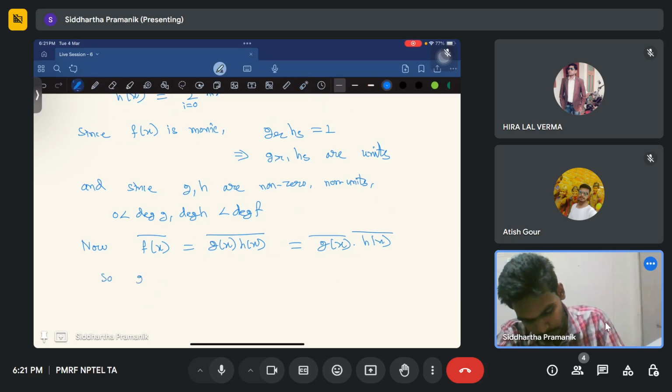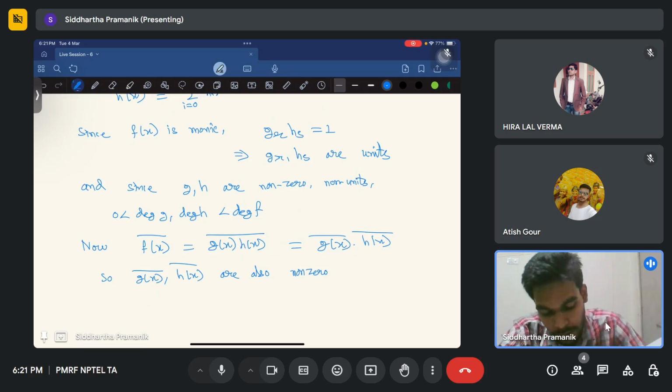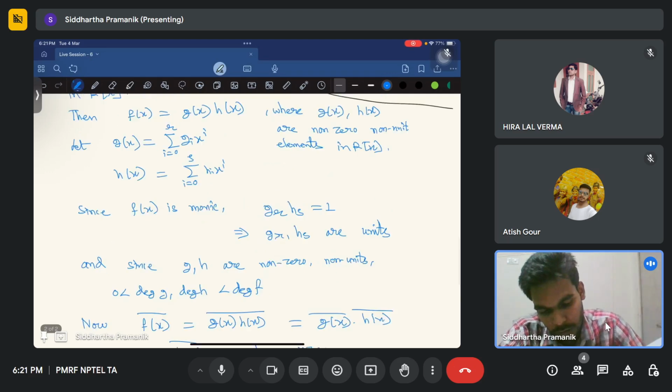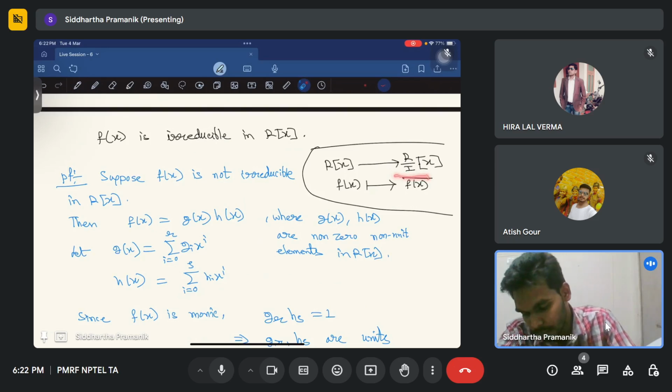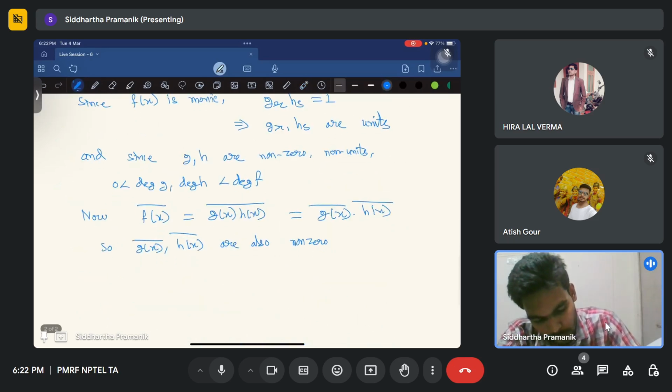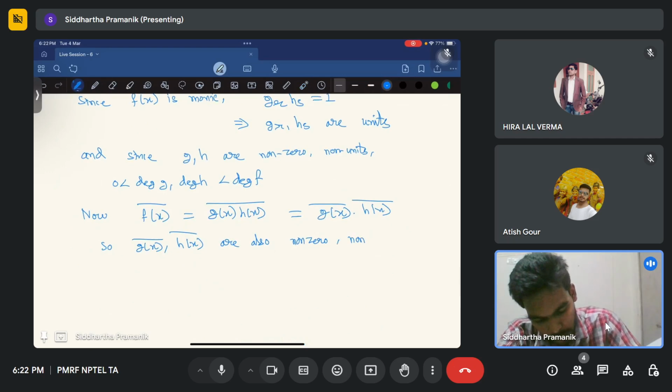They are also non-zero because their leading term is a unit in R, so it will also be a unit in R mod I. So they are also non-zero and non-unit in (R mod I)[x].